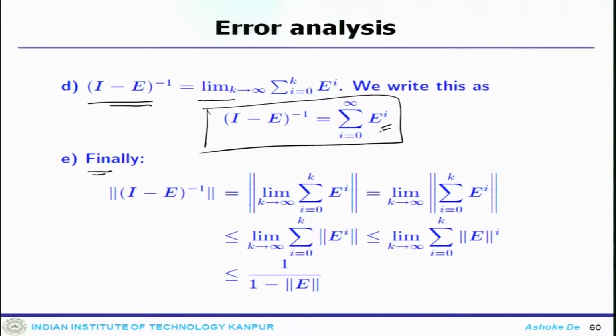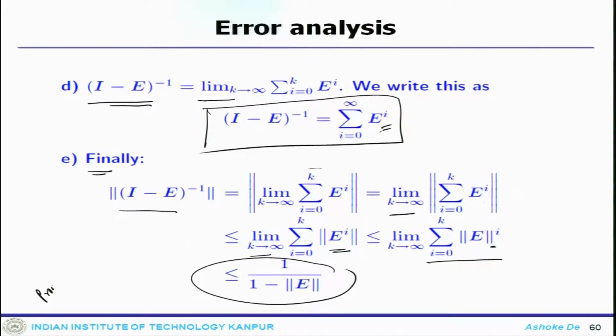In the final step, the magnitude of that equals the limit as k tends to infinity of the sum from i equals 0 to k of E to the power i, which is less than or equal to the limit of the sum of the magnitude of E to the power i, which is nothing but 1 by 1 minus the norm of E. So, it proved the lemma.